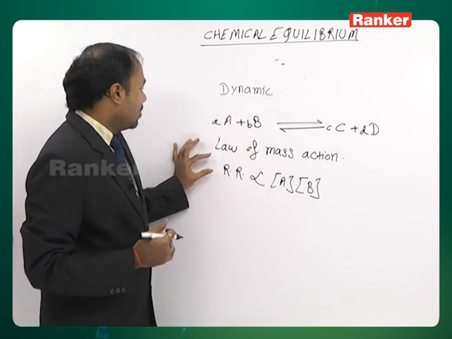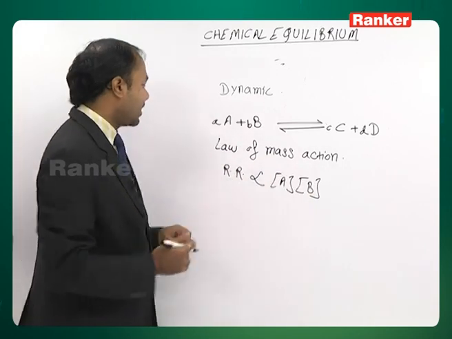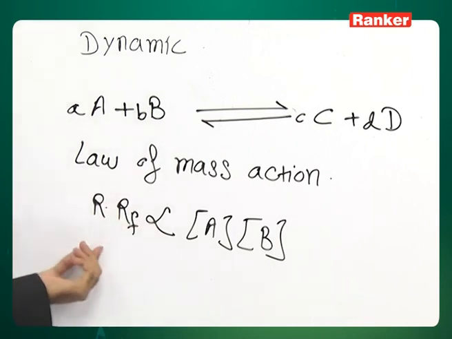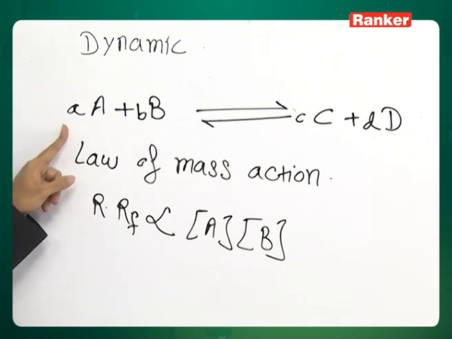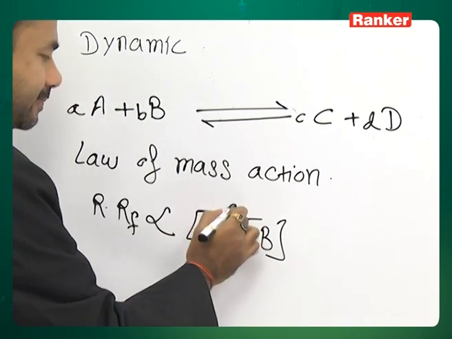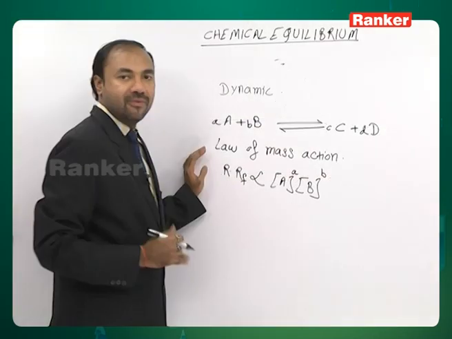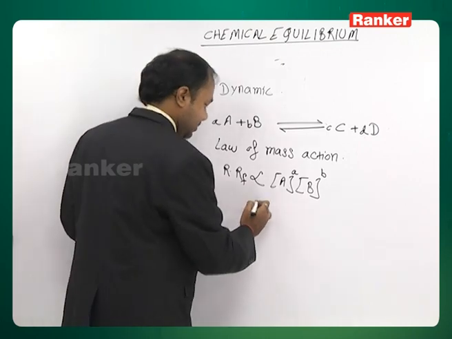Now, with the help of this law of mass action, I am trying to find the rate of forward reaction. This is Rf, the rate of forward reaction. This becomes proportional to [A], the stoichiometric coefficient is a, so the power becomes a. This is [B], it becomes power b here. We remove the sign of proportion, so we get a proportionality constant.